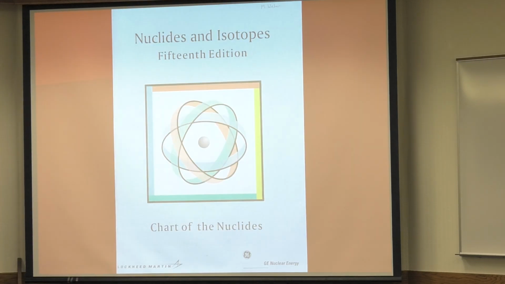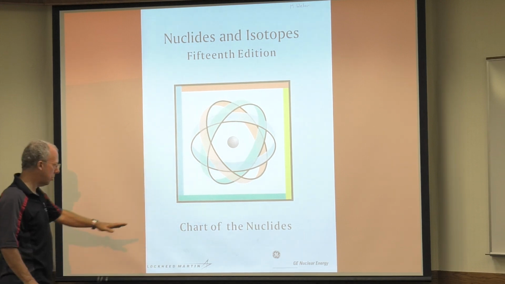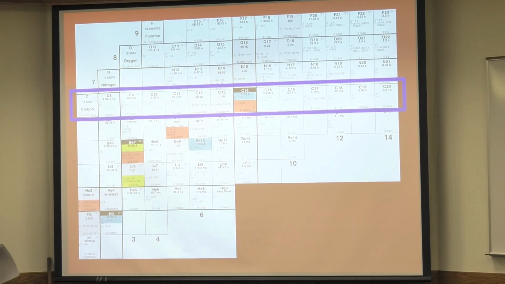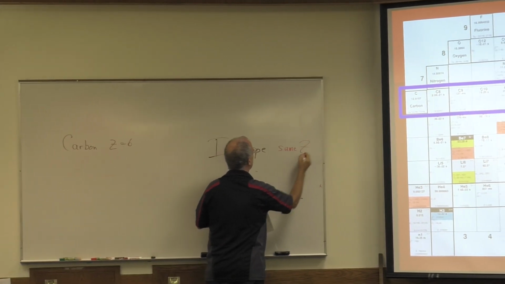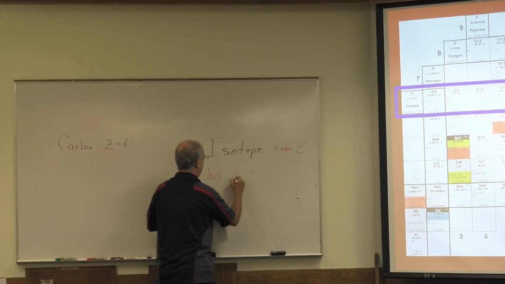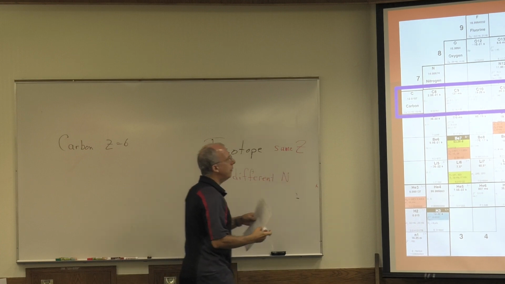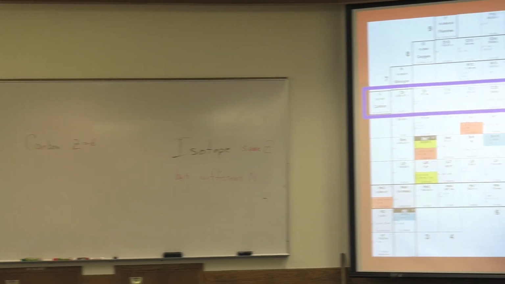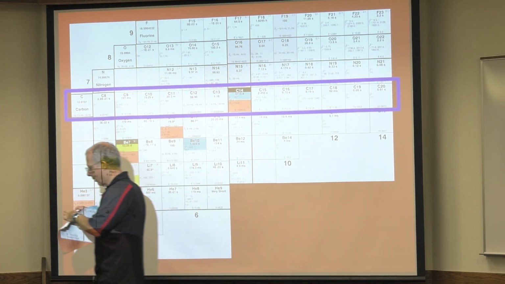So this is the chart of the nuclides. There are all these different carbons. Isotopes means the same Z, but different N. All of these carbons have 6 protons because that's what makes carbon carbon, but they have a different number of neutrons.